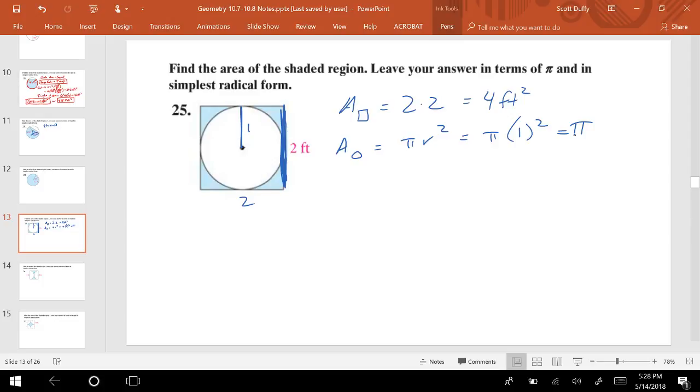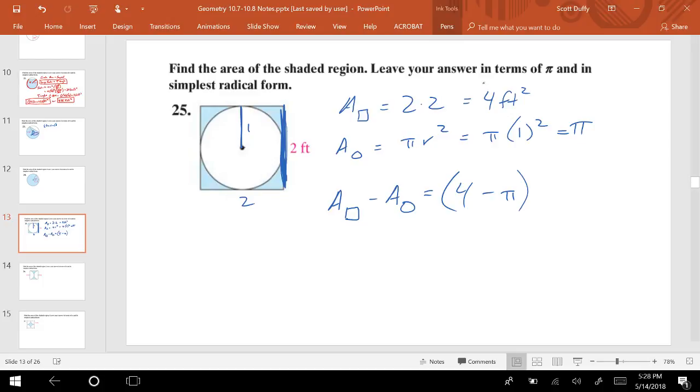What we see here is that the area of the shaded region is equal to the entire area of the square minus the entire area of the circle, I should say. It's what's left over outside of the circle. Well, if you subtract those, you'll have 4 minus pi, which in terms of pi, that is your answer.